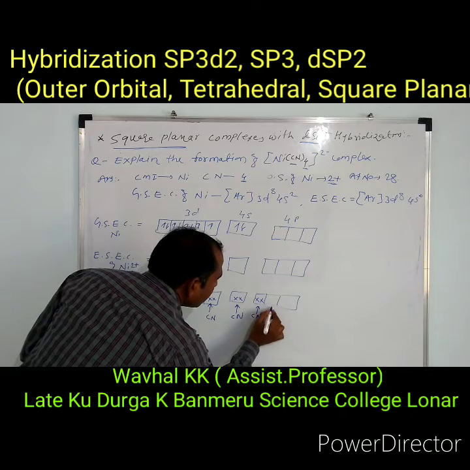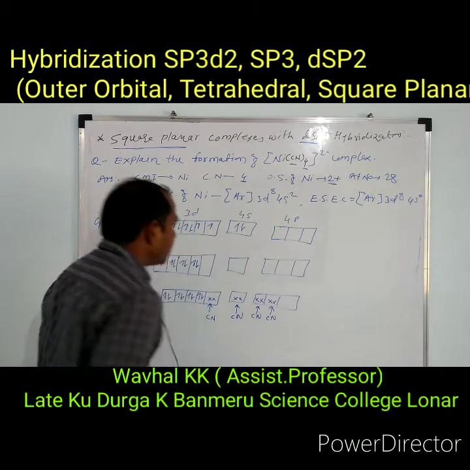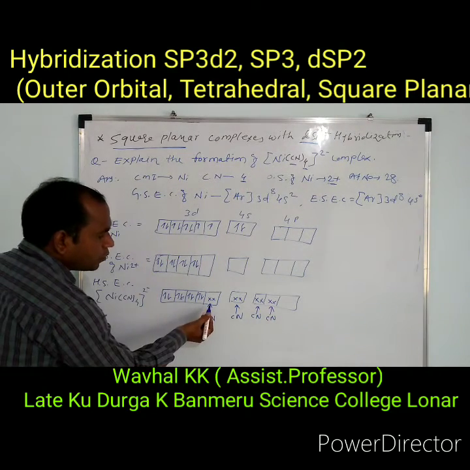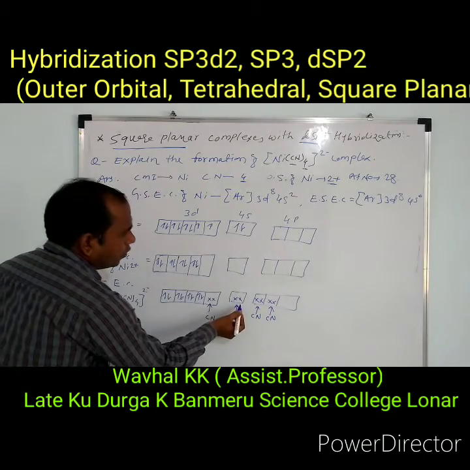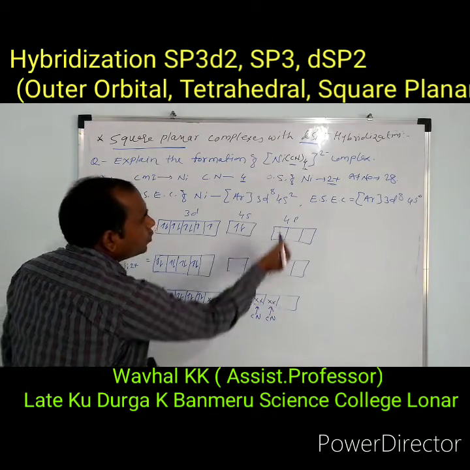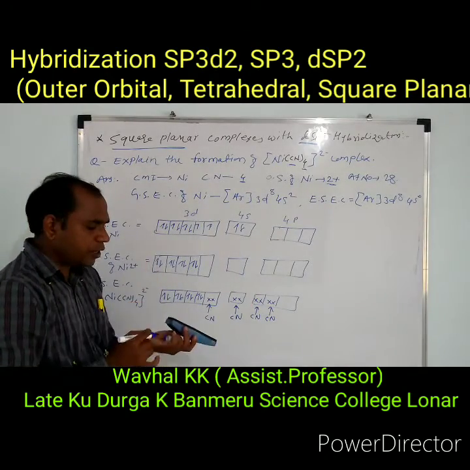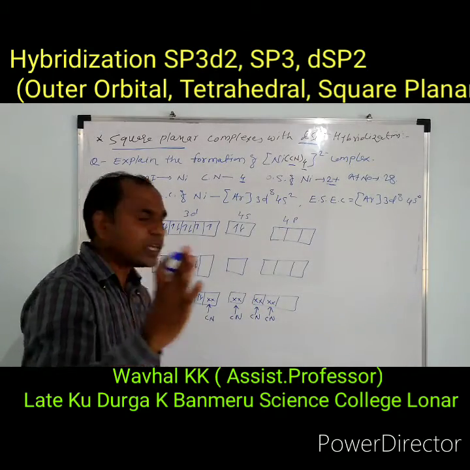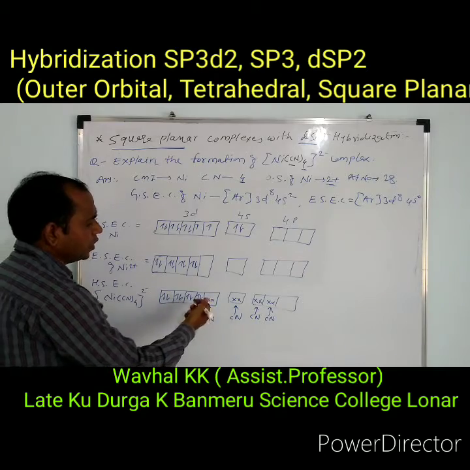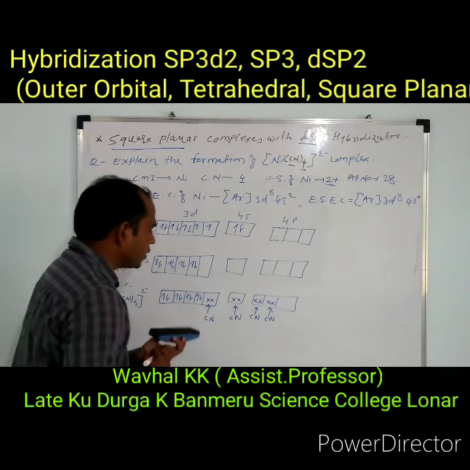The 4 CN ligands donate the electron pair into the vacant orbitals: one d orbital, one s orbital, and two p orbitals. Because the coordination number of the complex is 4, only 4 ligands donate electron pairs in this fashion.